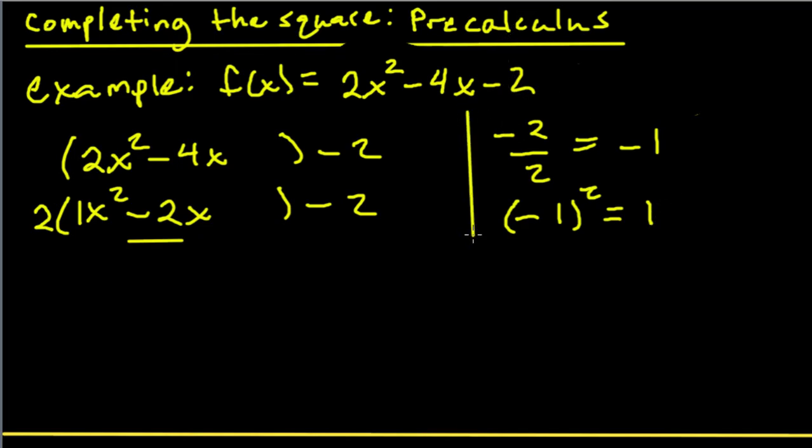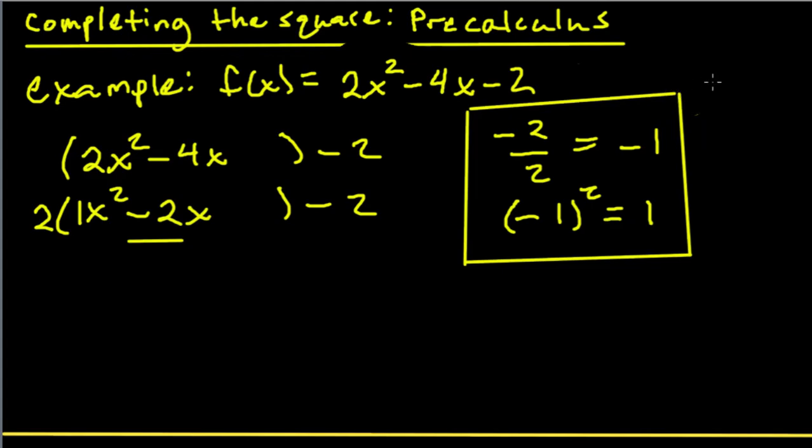So now we have our toolbox that we will use later on. Like before, with this 1 we're going to put plus and minus. So we have 2 times x squared minus 2x plus 1 minus 1, minus 2.